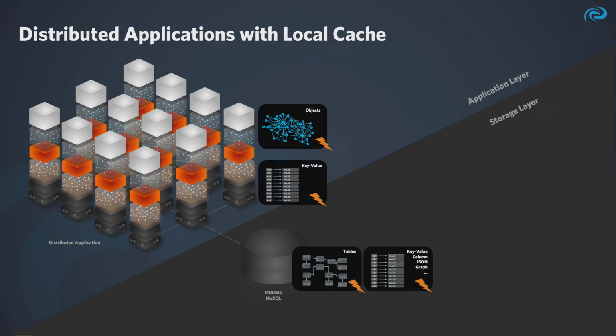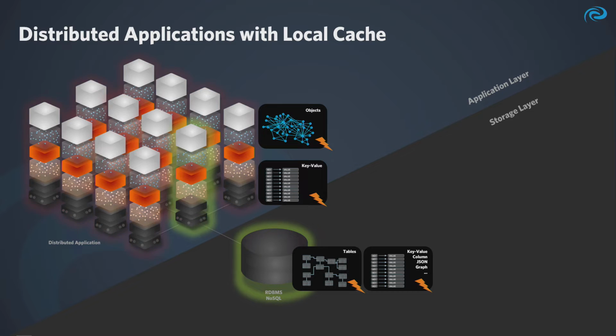All of these application instances or microservice instances have a local cache. Now, let's change some data. So a user changes an object. The node stores the object back into the database system. What happens? Now this node and the database are in sync.